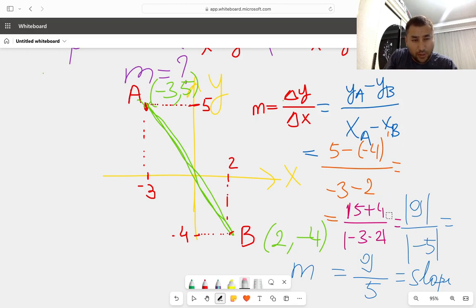I am removing them. So we just need to remove maybe the bottom one because the top is anyway positive. We don't need that. And just below is minus 5. So it should be minus here. My biggest apologies to you guys. So minus 9 over 5, okay?